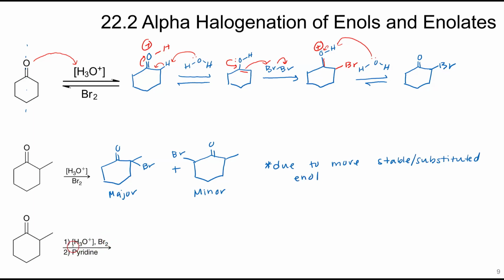When doing an alpha halogenation followed by addition of a weak base, this is one way to get an alpha beta conjugated ketone. So alpha, this is beta. Now we form a double bond that's in conjugation with the carbonyl.